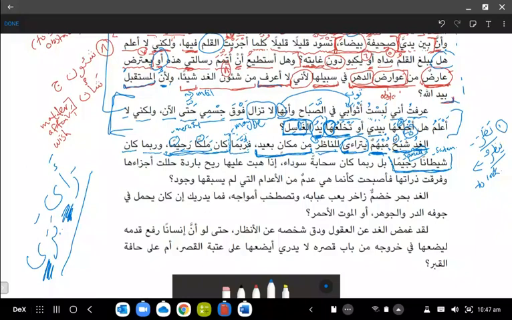Then in that case it will be, for example, kana malakun rahim, one would be like a merciful angel was. Or you could say kana malakun rahiman, right? The angel was merciful.